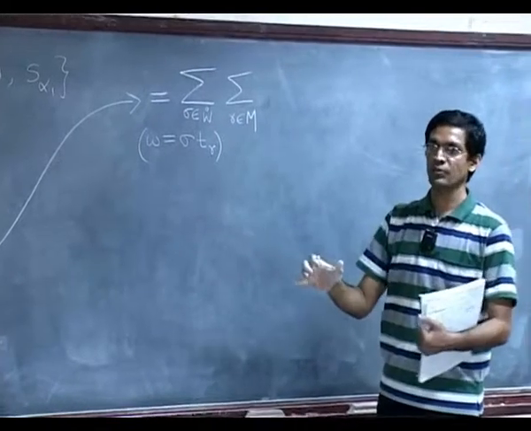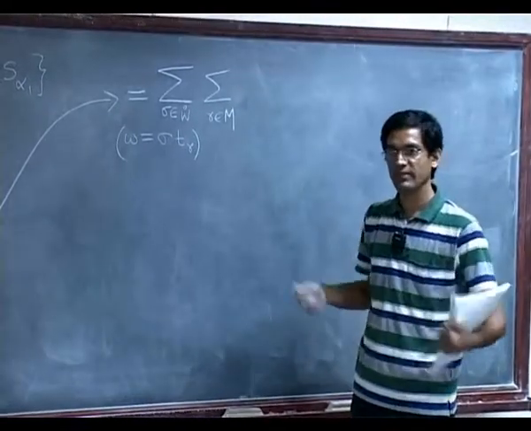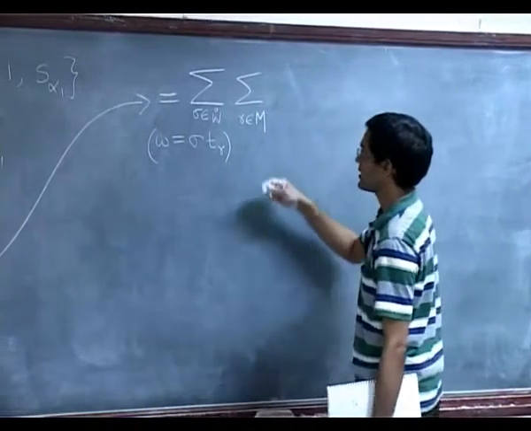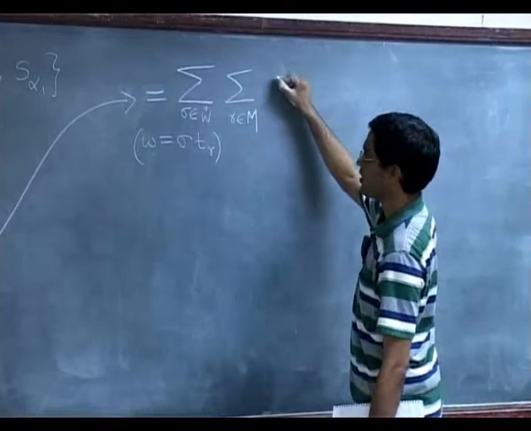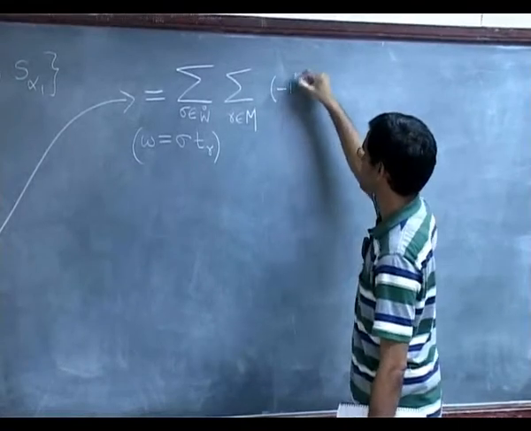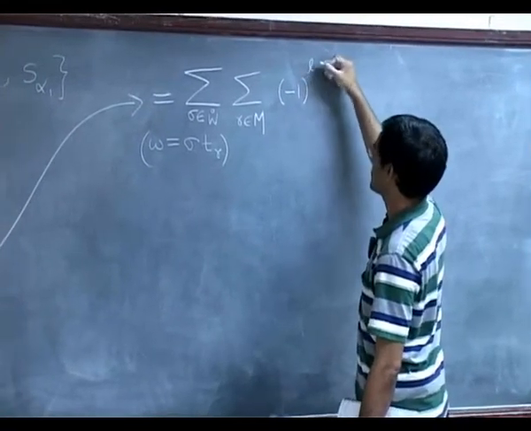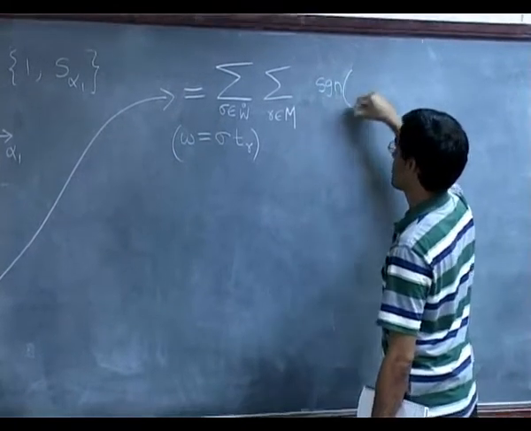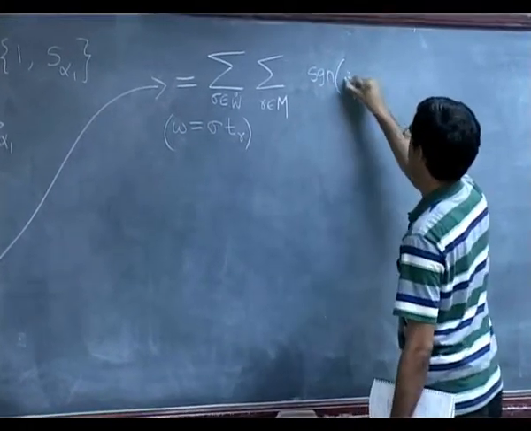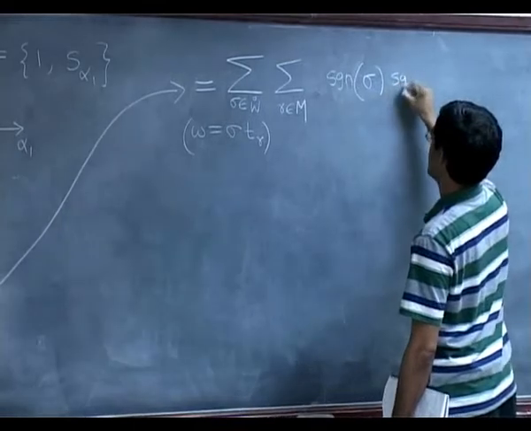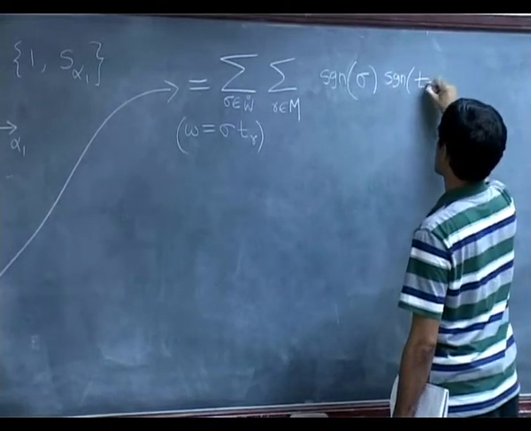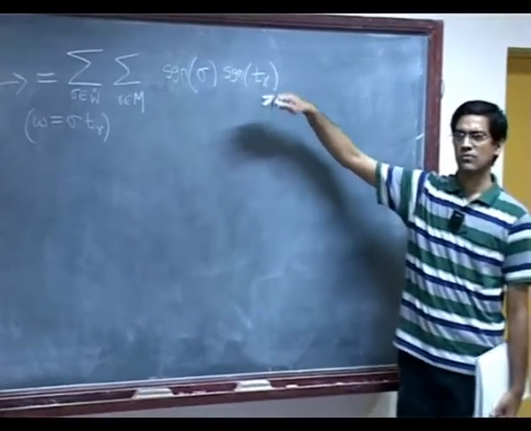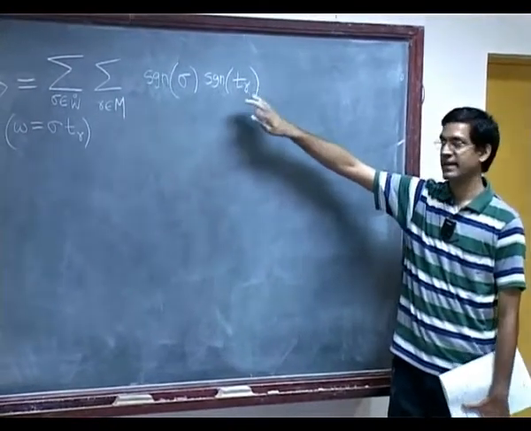So I am thinking of W as this product. I am splitting it into two pieces, but the pieces are unique, so I might as well run over all possibilities for the first piece and all possibilities for the second. So it is this double sum of, let us see what the terms are, minus 1 to the length, or let me just call this the sign, of this product sigma t gamma. But sign is a homomorphism on the Weyl group. This is one of the earlier exercises, at least for the finite Weyl group.